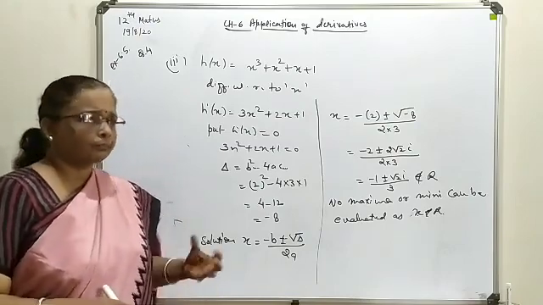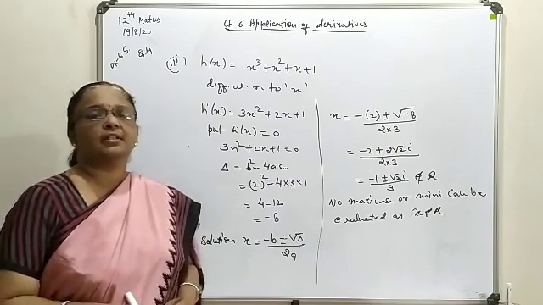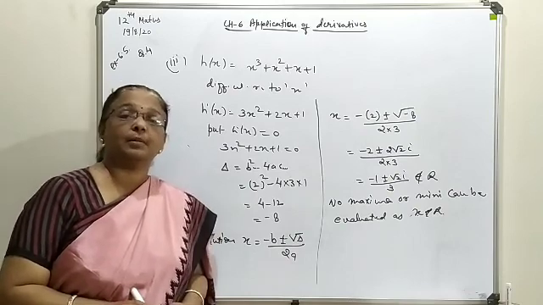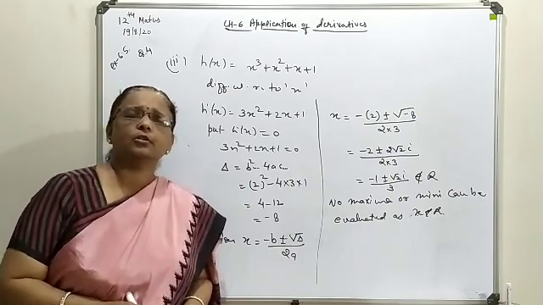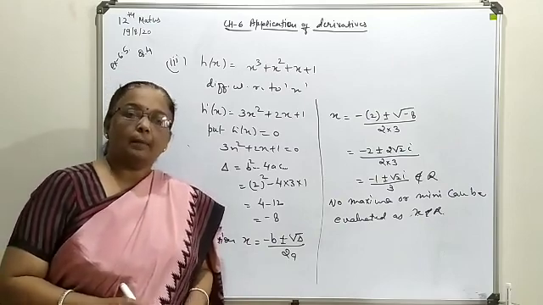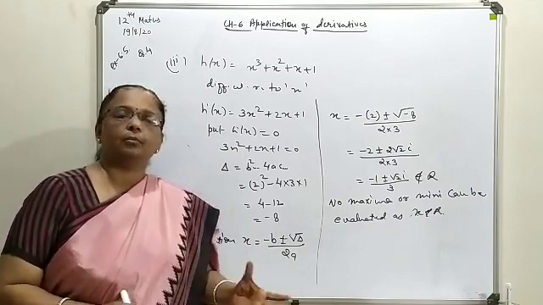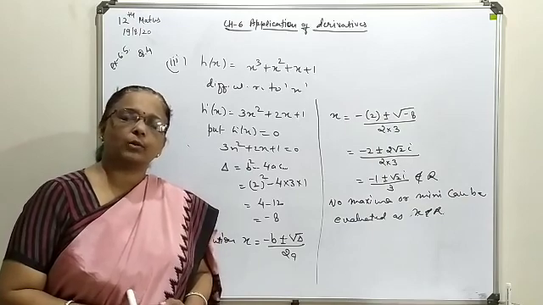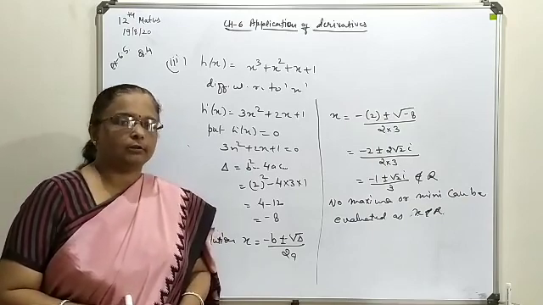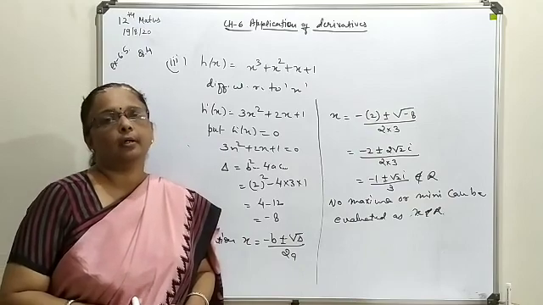Sometimes it may be that the question does not specify to find absolute maxima or minima. But if it is clear that x belongs to a closed interval, then without saying anything you will find the absolute maxima or minima.